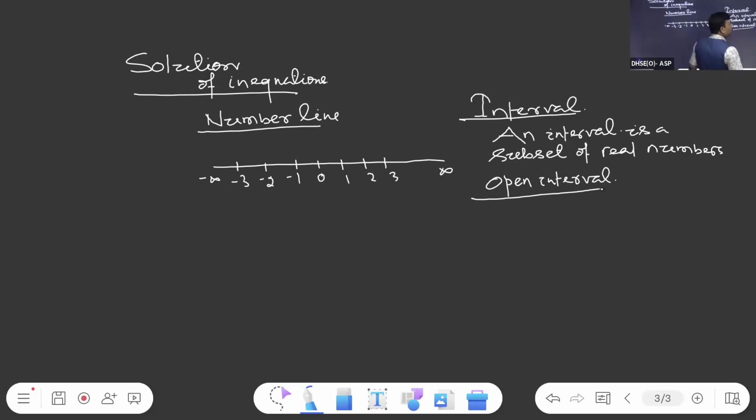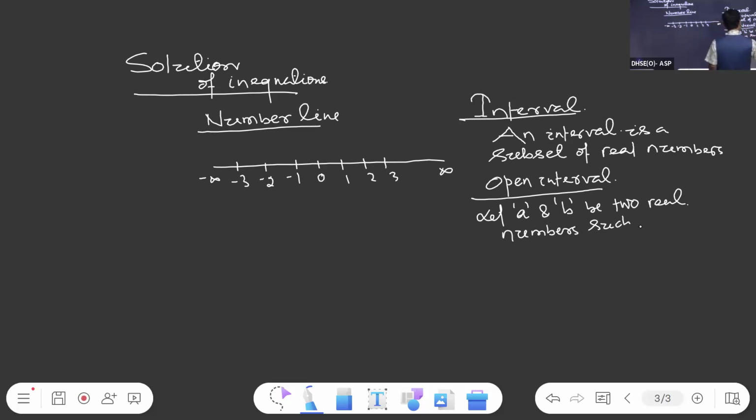First come to know what is an open interval. Let A and B be two real numbers such that A less than B. Open interval of A and B is written like this, (A, B).